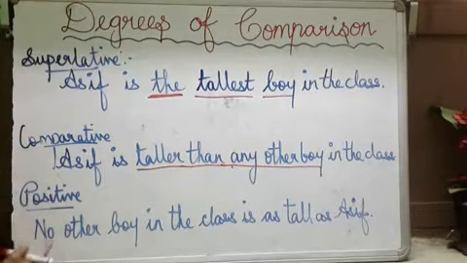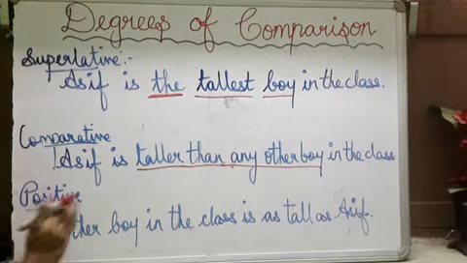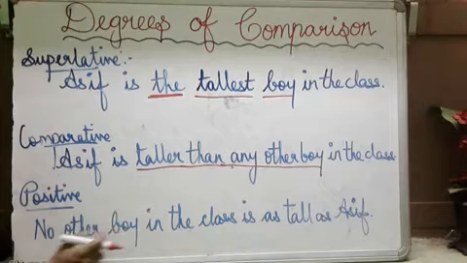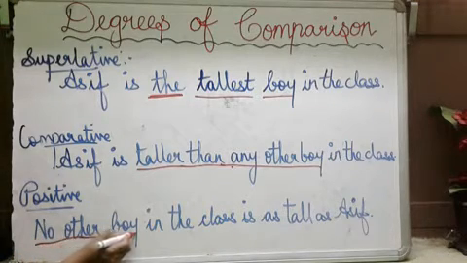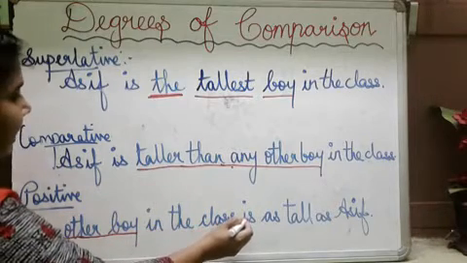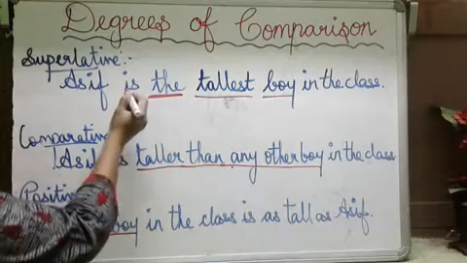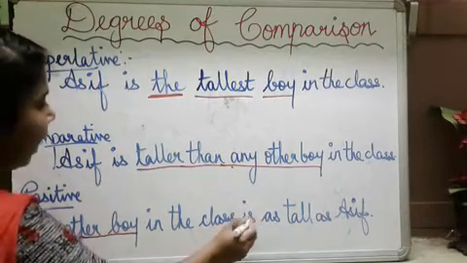Now in the positive, how will you start the sentence? No other boy. No other boy, singular. You should be very careful here. No other boy only you will write. So no other boy in the class. After that you use 'is', because it is in the present tense.